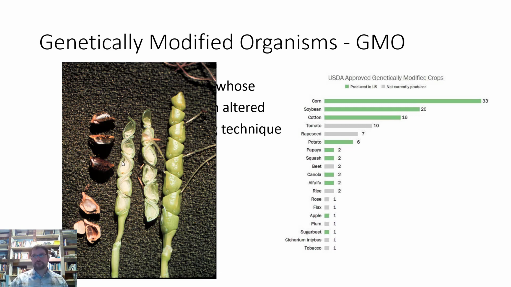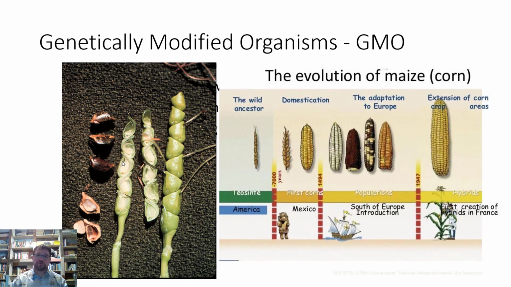We think about 7,000 years ago or so is when Native Americans started altering teosinte to become corn. Okay, so this is corn, sort of.